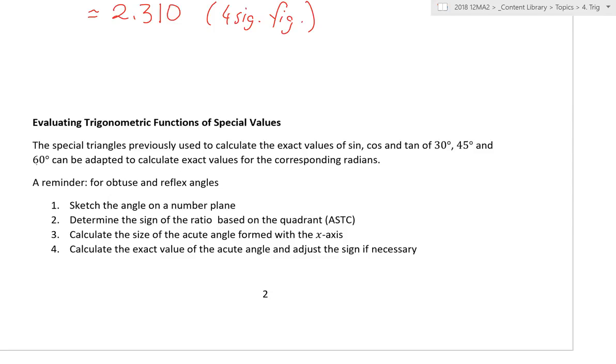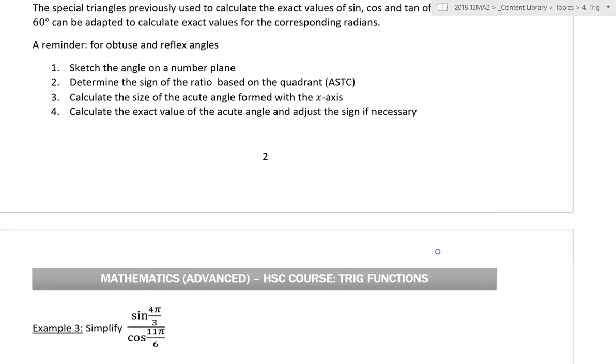We need to know some of these. The two right angle triangles you'd be familiar with for using these are on your formula sheet. The 0 and 90 degrees, the 0 and pi over 2 radians values, we're going to have to remember a bit.